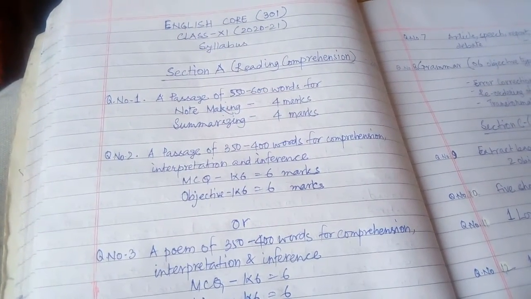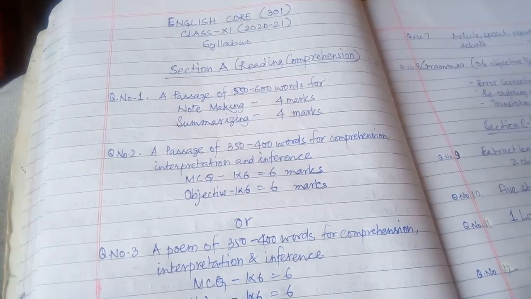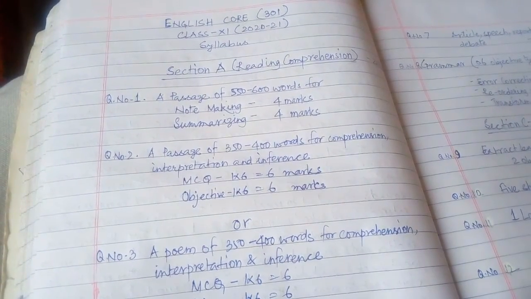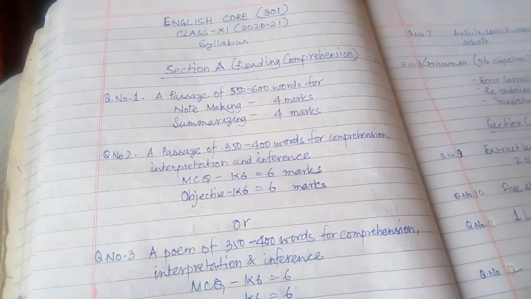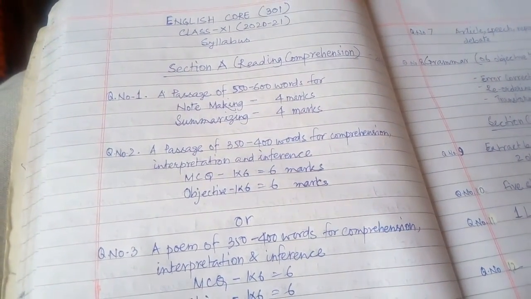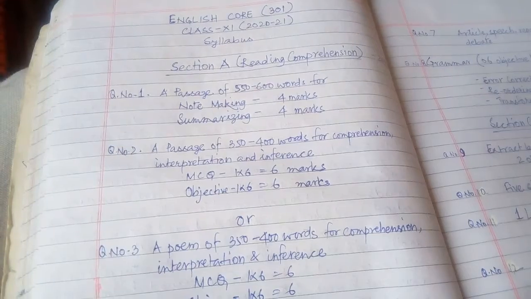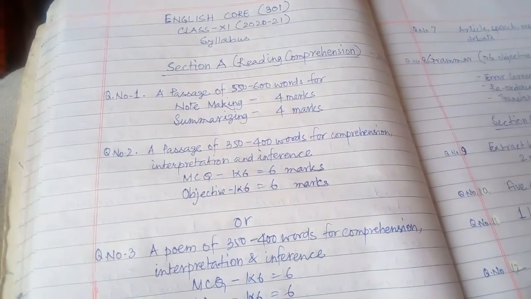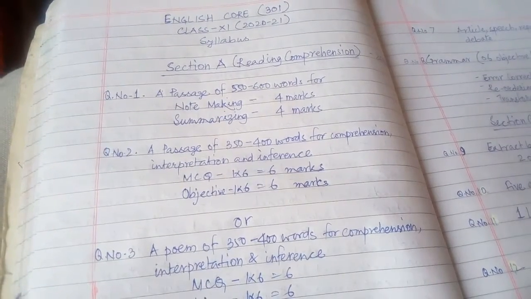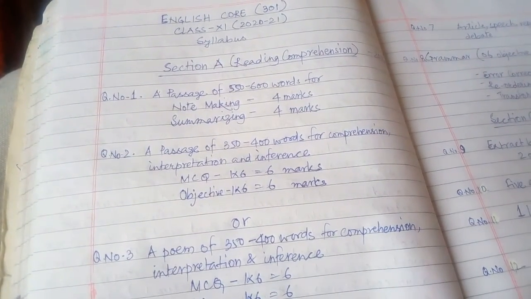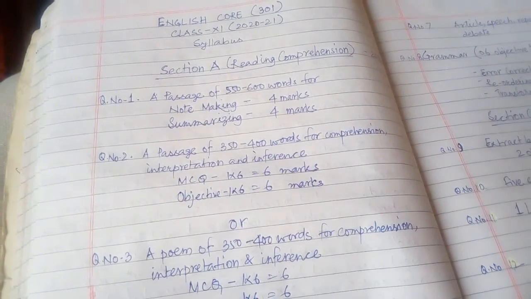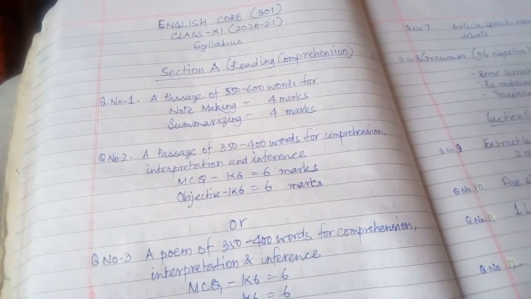Here you'll have 2 questions. One is an MCQ consisting of 6 questions, 1 mark each, so 6 marks. The other is objective questions, 6 questions, 1 mark each, so again 6 marks. So 6 and 6 is 12, and with Question 1's 8 marks, together it makes up 20 marks for Section A.